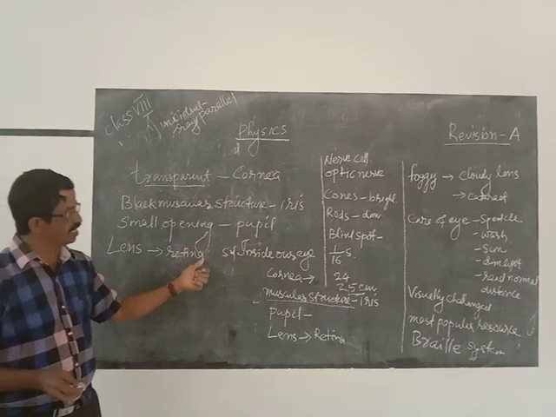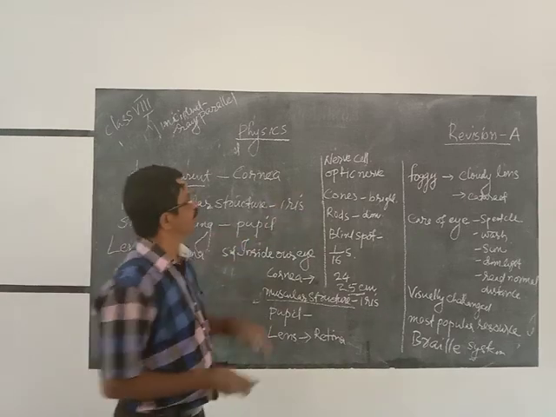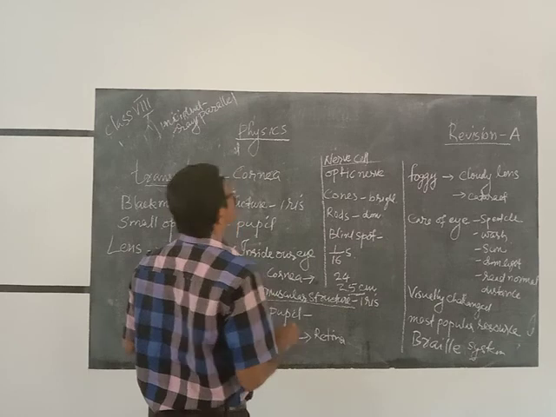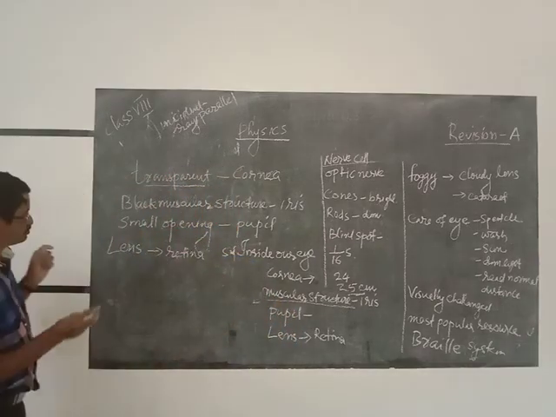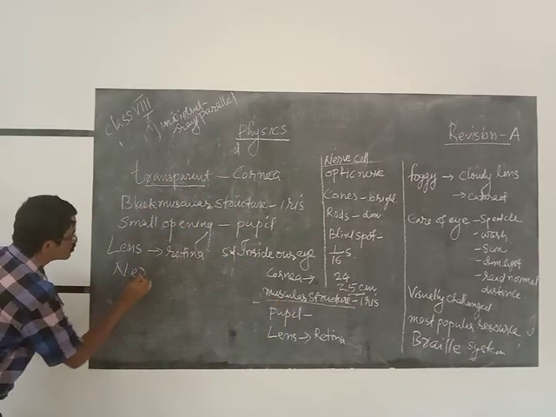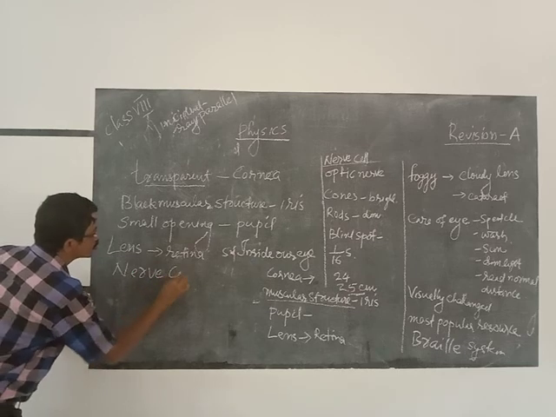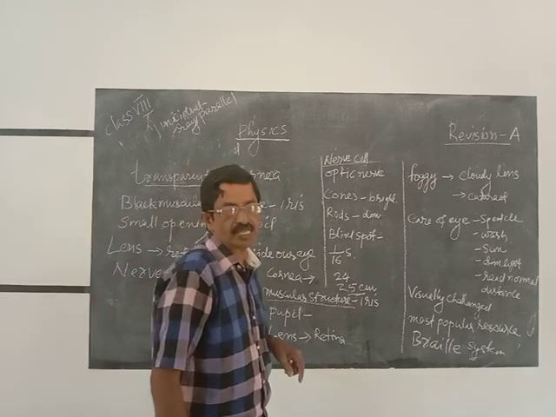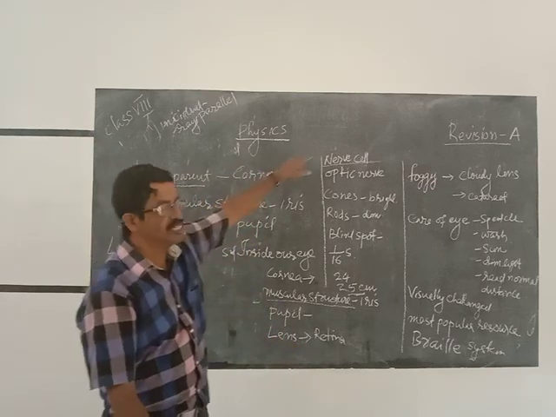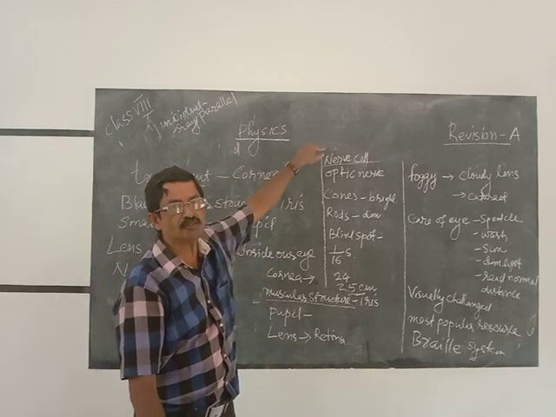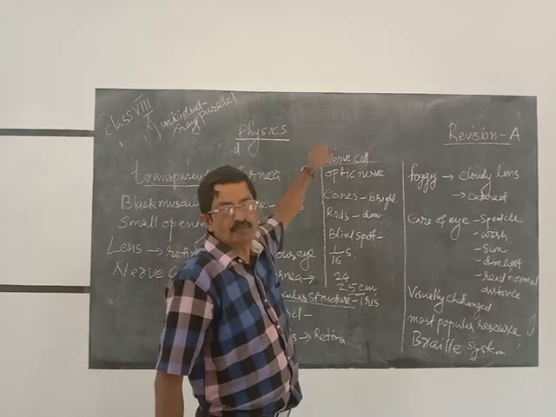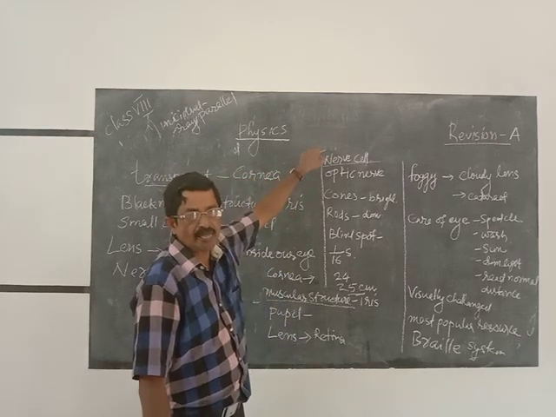In the retina there is a large number of what? Nerve cells. In the retina there is a large number of nerve cells that sense the image formed by the lens.